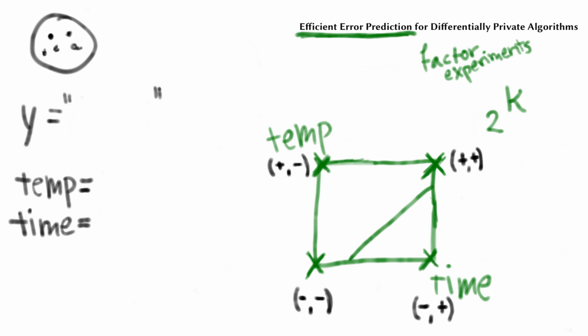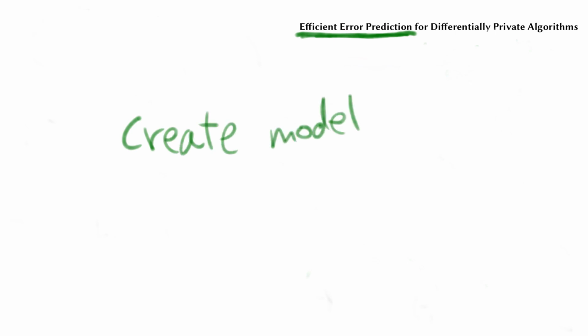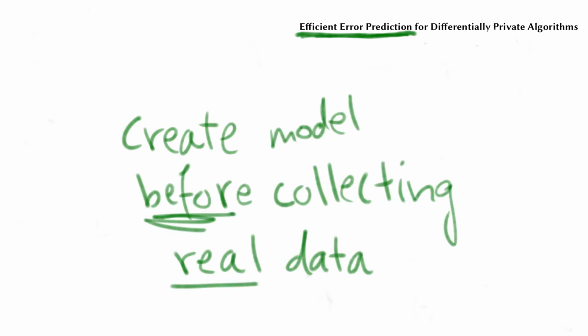For example, if we want a cookie with a perfect score, our model might tell us that this happens at 210 degrees for 11 minutes. We can also use the model to find in what range our cookies score as fantastic. So basically, a prediction model can help us tune our variables before running our differentially private algorithm.